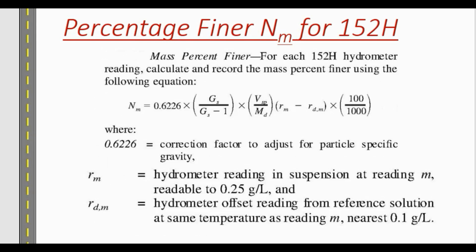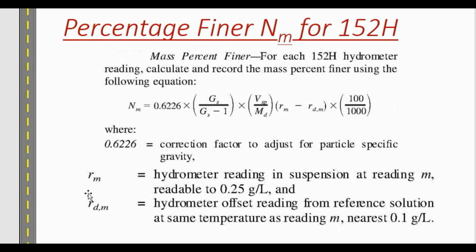This is the equation that will be used for the percentage passing if we are using 152H hydrometer. Same Rm and RDM. Rm will be the hydrometer reading at a particular time, 1 minute, 2 minutes and so on.